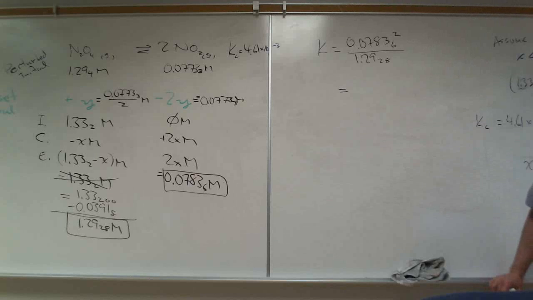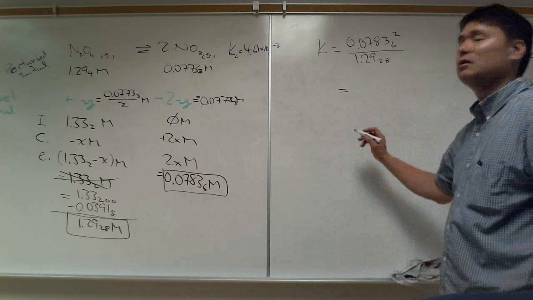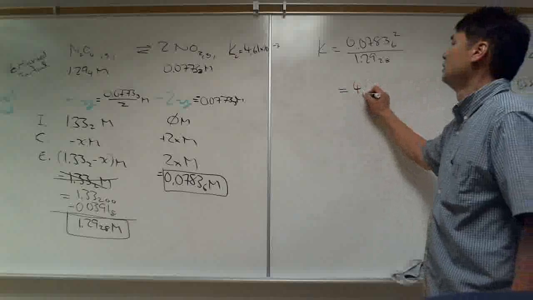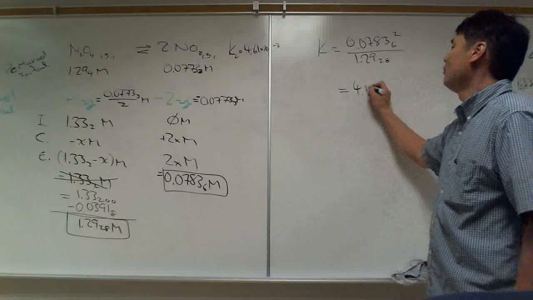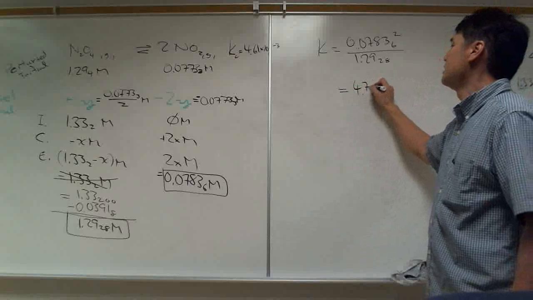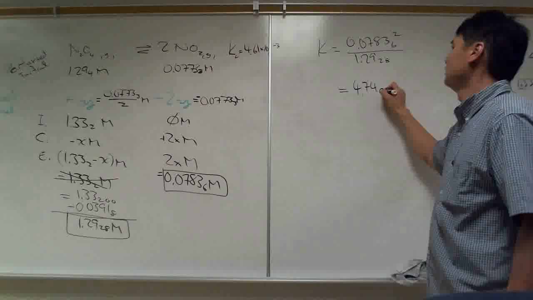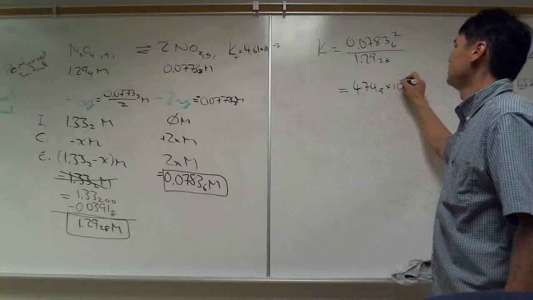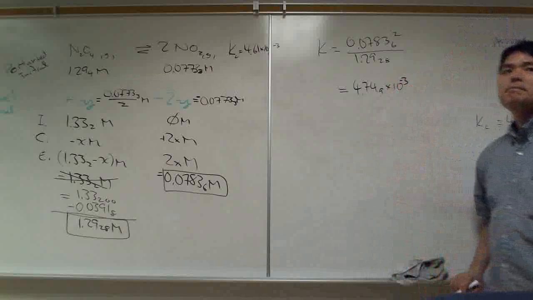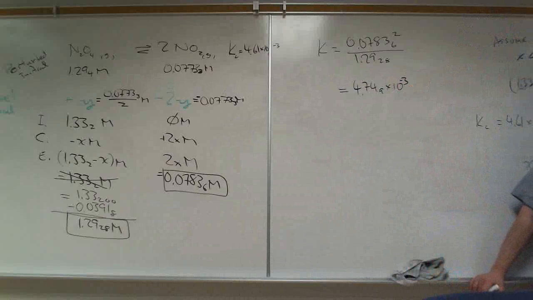What does it come out to? 4.749 times 10 to the minus 3. So 4.74 versus 4.61, it's kind of off, isn't it?